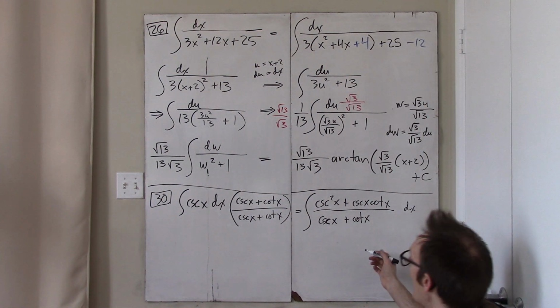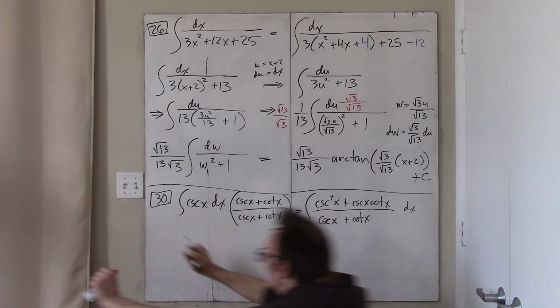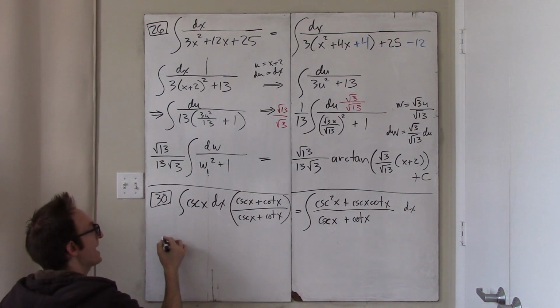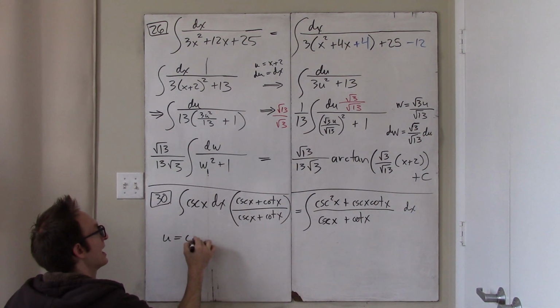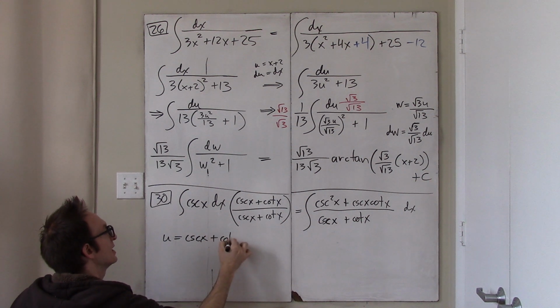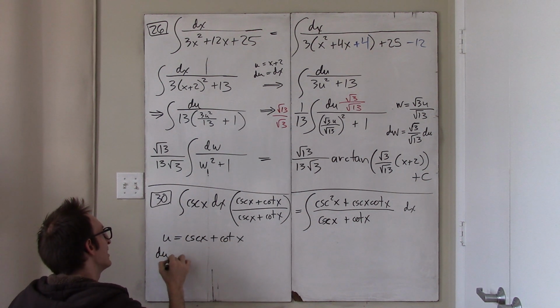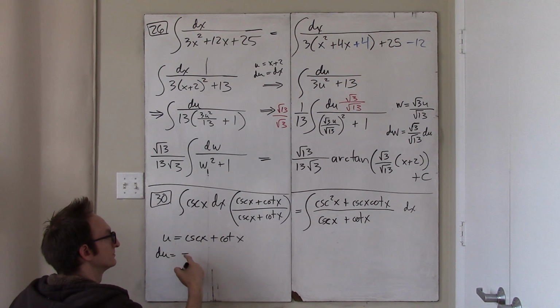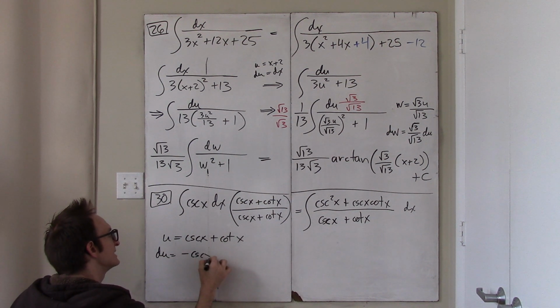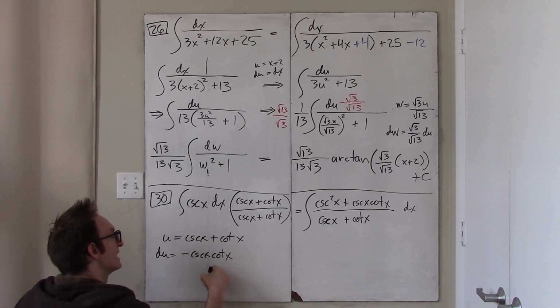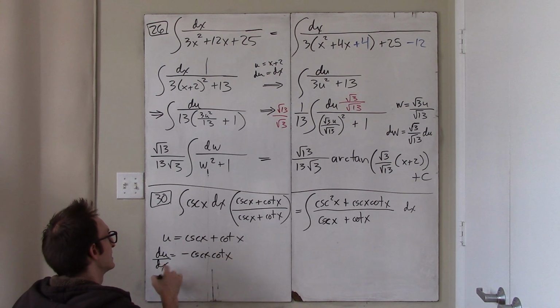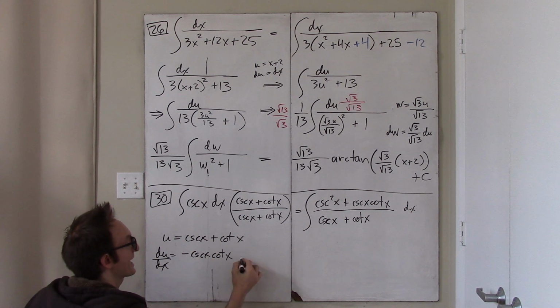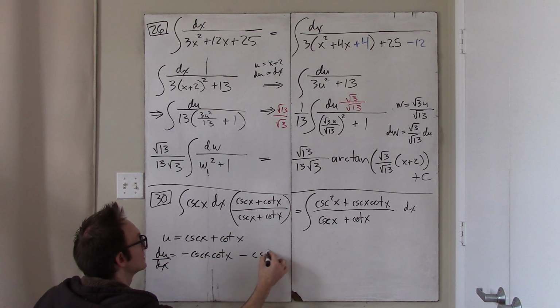Thus, if I let u be the bottom, if I let u be cosecant x plus cotan x, then du is, like I said, the derivative of cosecant is negative cosecant x cotan x, and the derivative of cotan is negative cosecant squared.